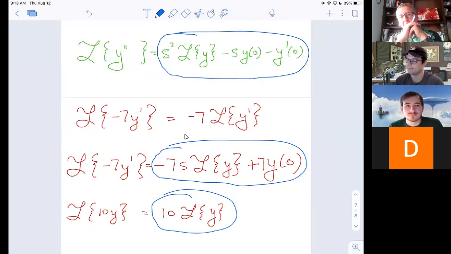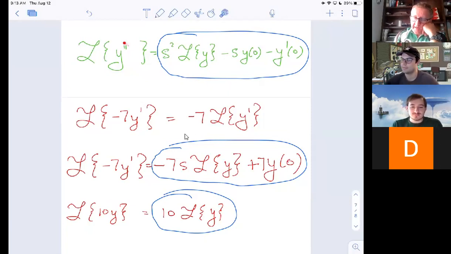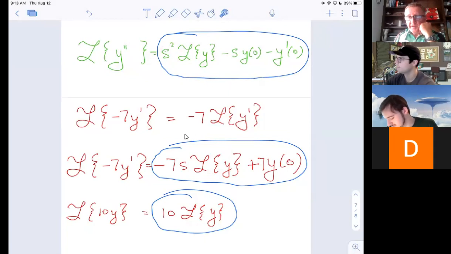The Laplace transform basically took away the second derivative and the first derivative. You have a constant in front, but it's the Laplace transform of y each time. You can actually add them now, whereas you couldn't before. That's one of the beauties of this.